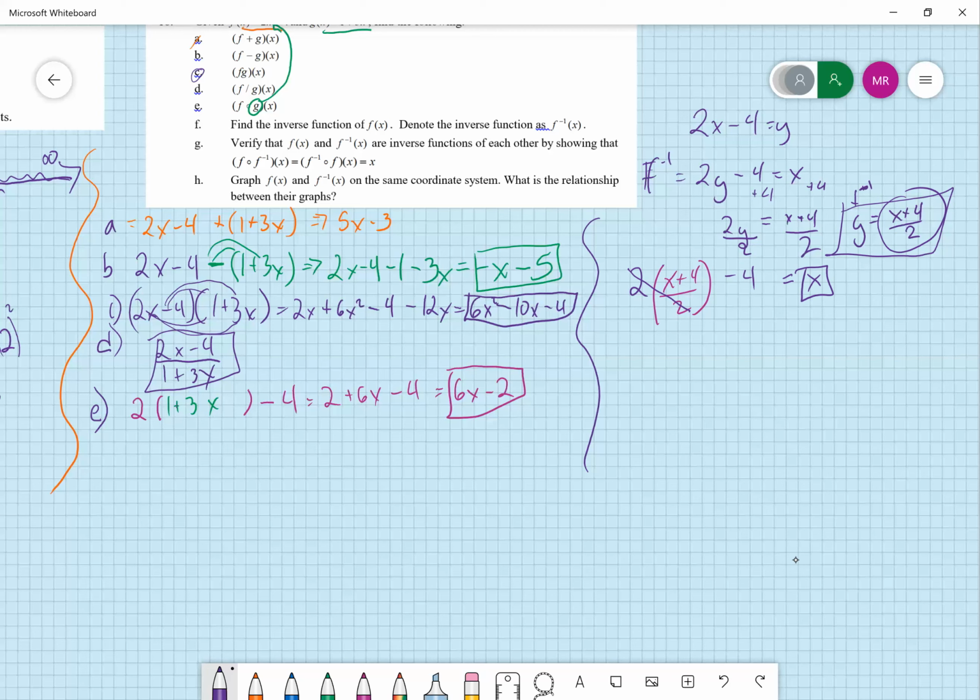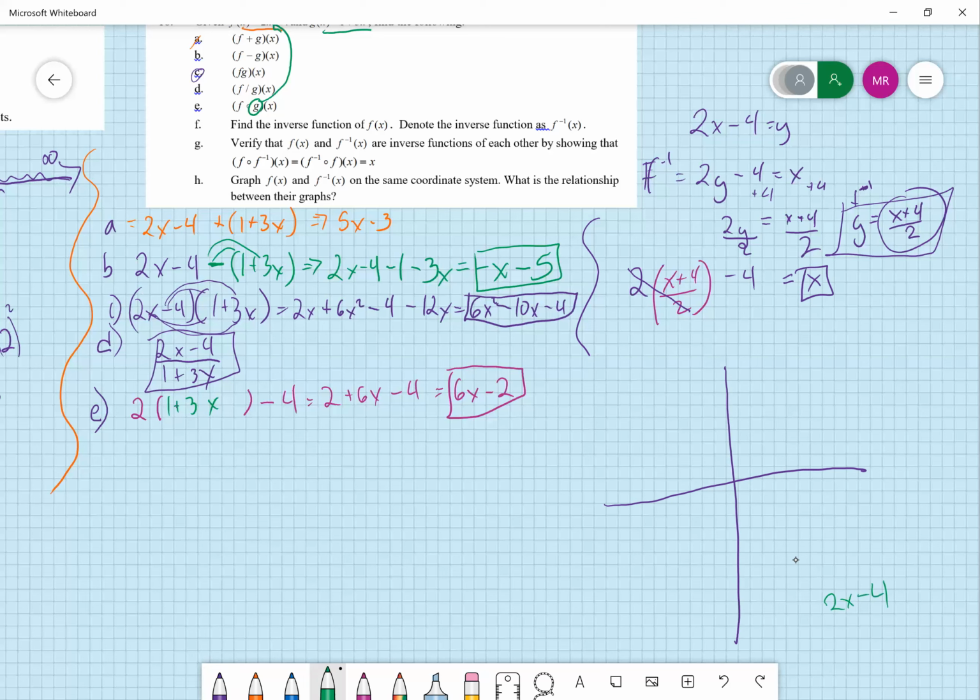Now the last part, we're going to graph. It says graph f and the f inverse of x on the same coordinate system. What is the relationship between their graphs? We're going to try and move a little quickly because of time's sake. Let's look at 2x minus 4.